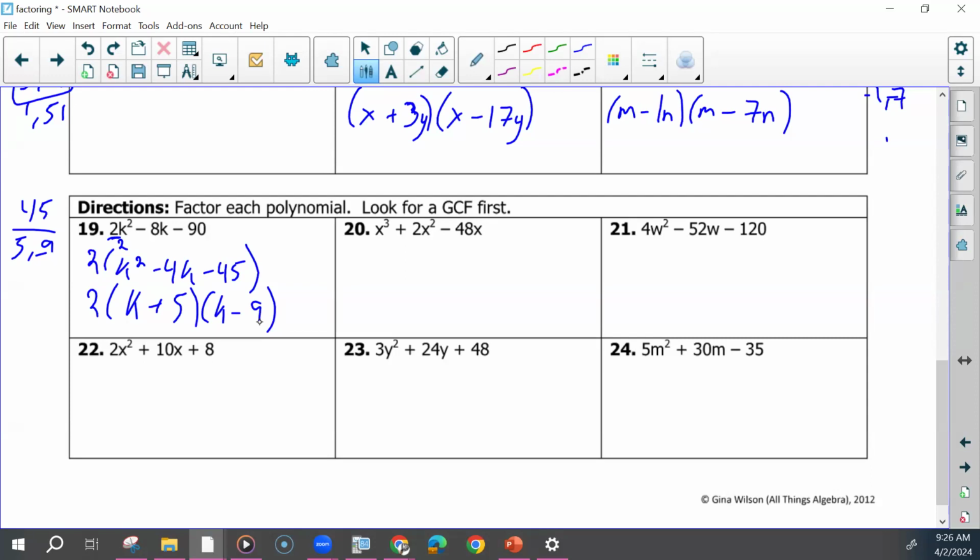They each have at least one x in common. So if I were to divide each one by x, what's left? x squared plus 2x minus.